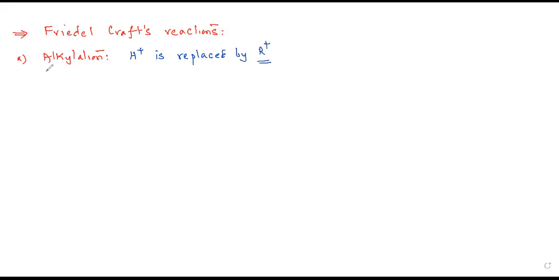A weaker electrophile H plus is replaced by R plus. R plus is nothing but alkyl carbonium ion, a carbocation. Now see the reaction.